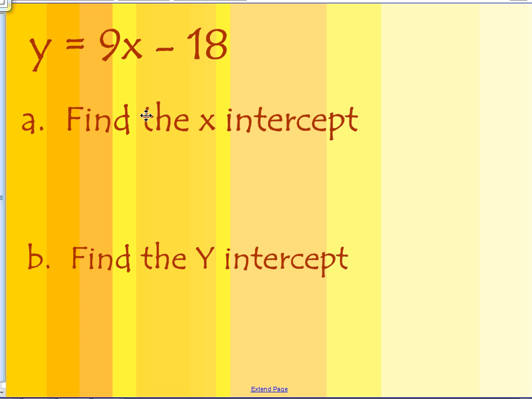So we have this equation here. We have y equals 9x minus 18, and it says find the x-intercept. So I'm going to plug 0 in for y. So I'm going to have 0 equals 9x minus 18. Well, I want to get my x on one side, so I'm going to add 18 to both sides.